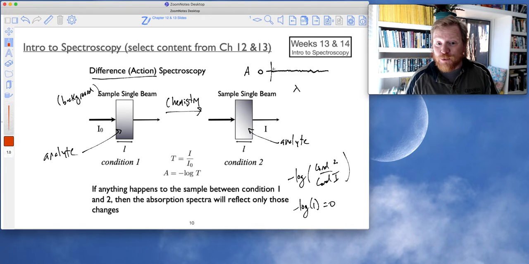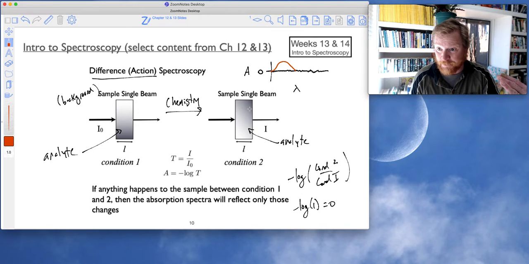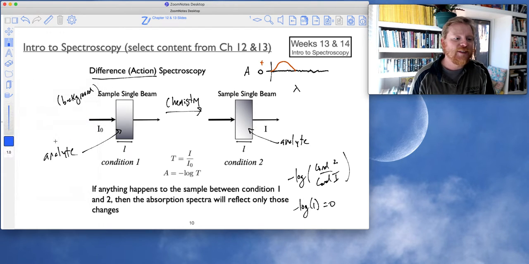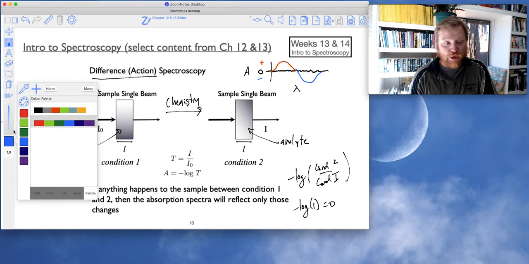So now our absorbance spectra will no longer be a blank line. Rather, we will get positive features if some new functional group appears as a result of the chemistry. And also, we will see negative features indicating that there's been a loss of some functional group.